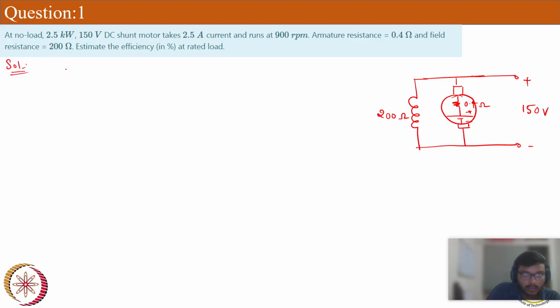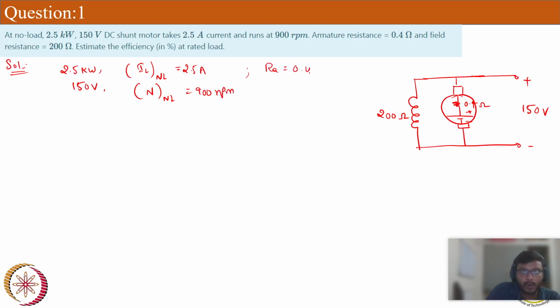It's a 2.5 kilowatt machine, 150 volt supply, and supply current at no load is given as 2.5 amps, and the speed, capital N is speed in RPM, at no load is given as 900 RPM, and armature resistance is 0.4 ohms, and the field resistance RF is 200 ohms.